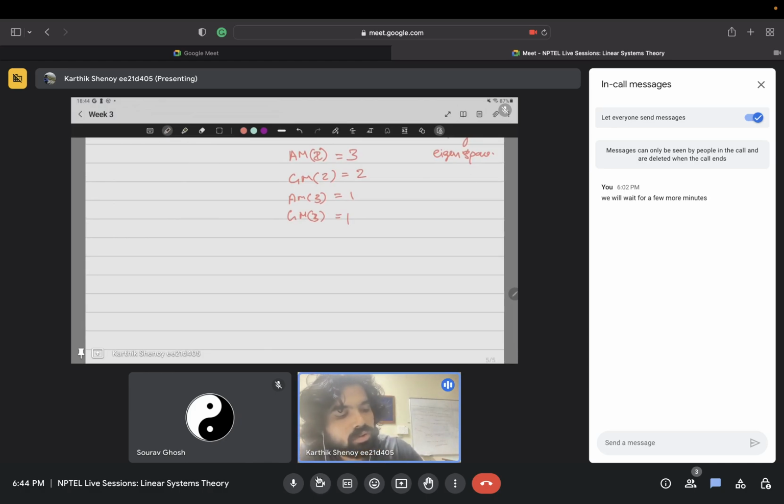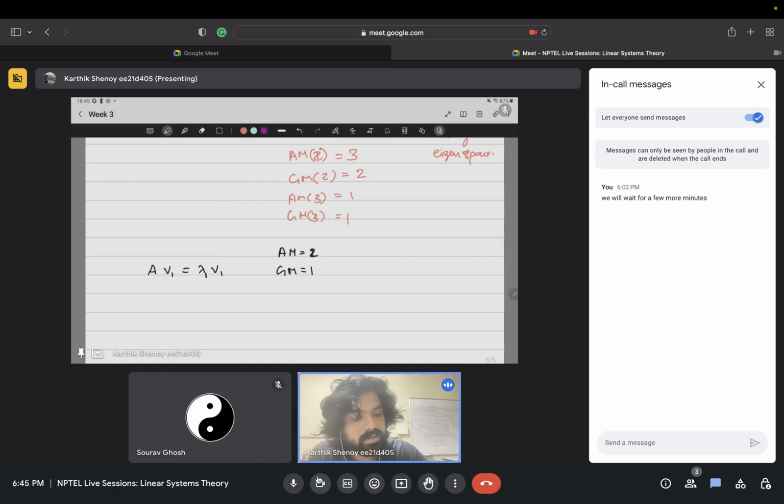Okay, so you have A times V1 equal to lambda times V1. So let's take an example where AM is equal to 2 and GM equal to 1, which means I have just one eigenvector.